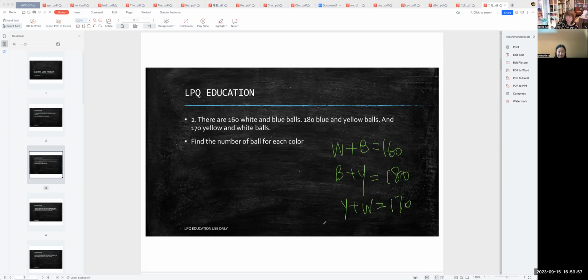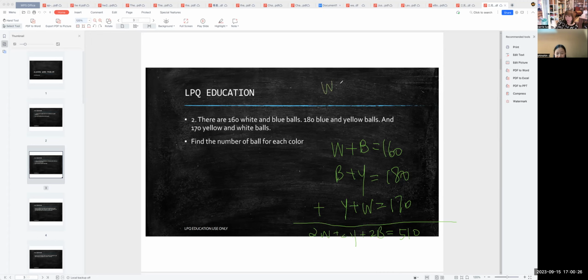Okay, so xinxin, let me just give you some help. For instance, if I add all of them together, it equals 2 white, 2 yellow, and 2 blue, equals 510. Am I right? You just add.